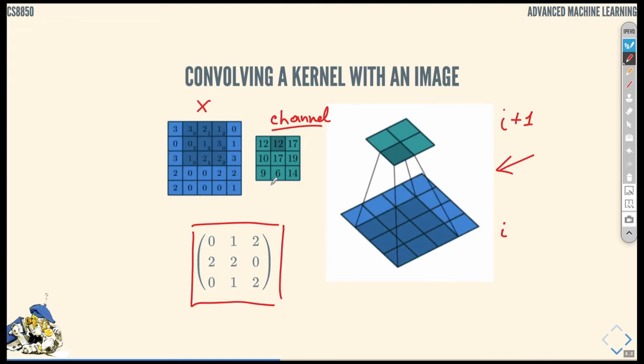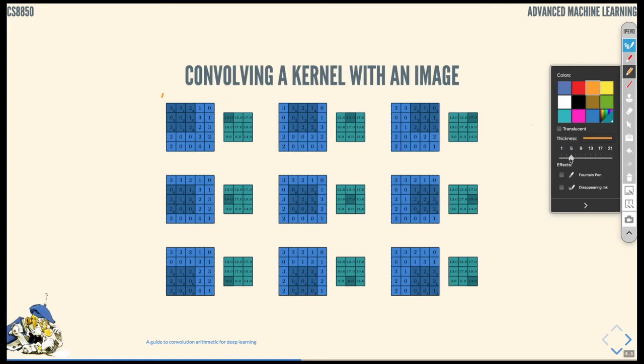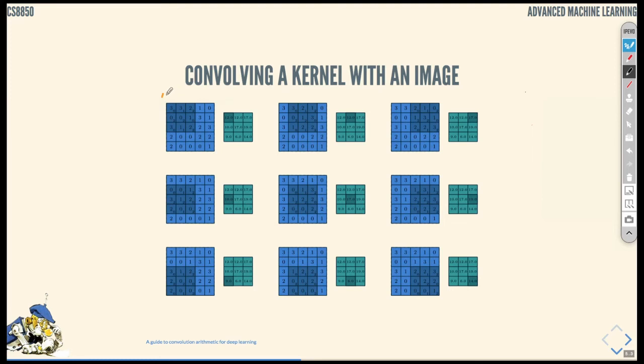Actually, let's look at the same thing, where convolution is represented step by step. This is step 1, step 2, step 3.